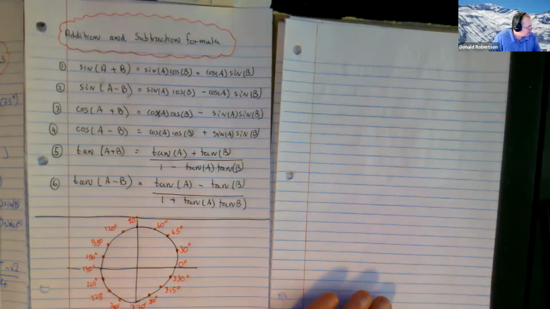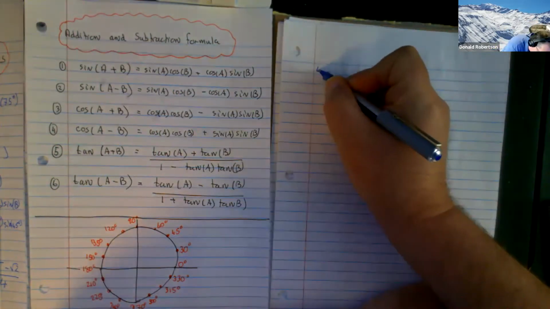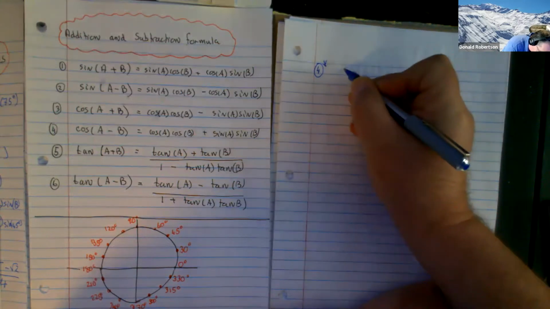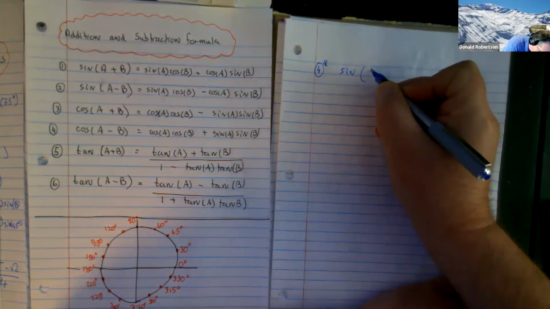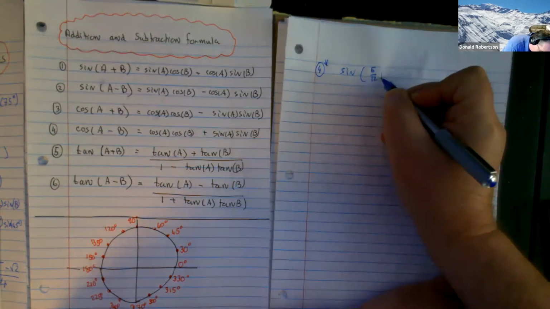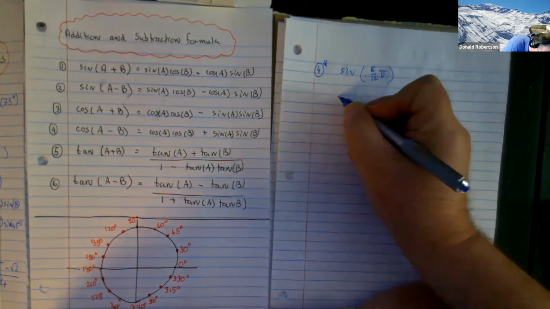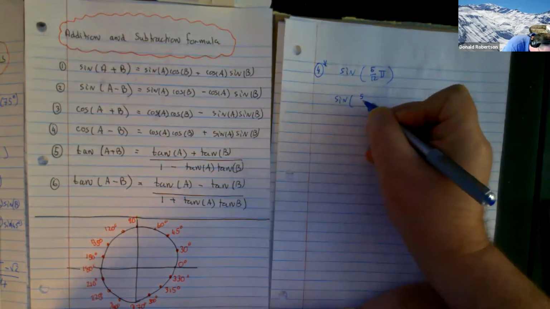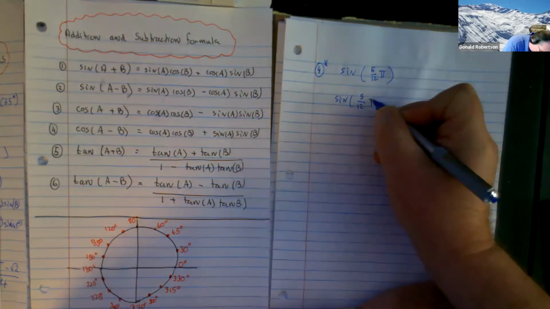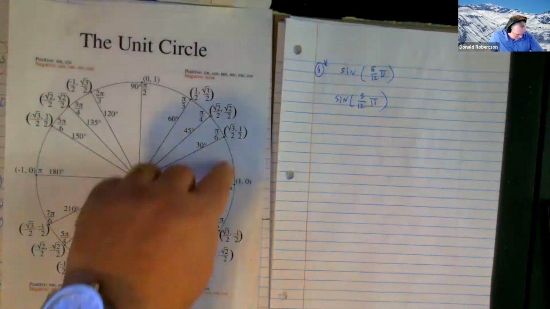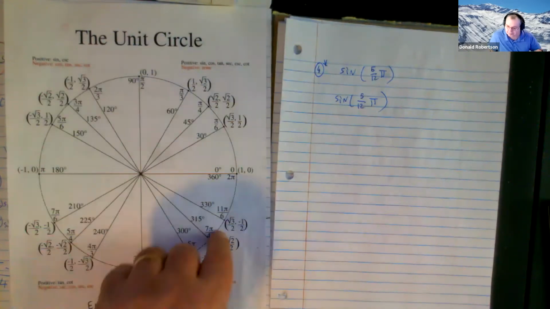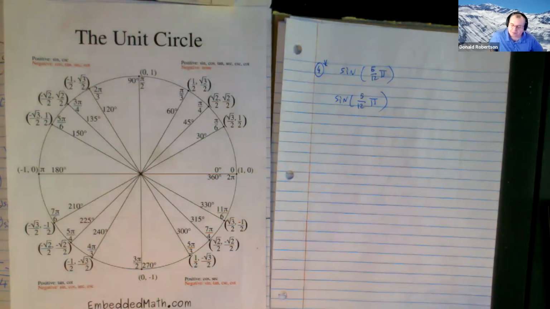Let's do radians, and I'll rewrite that again because it looks like a 6. How do you get things like 5/12 pi? Now, if I put this here, would you agree that 5/12 pi is not in the unit circle?